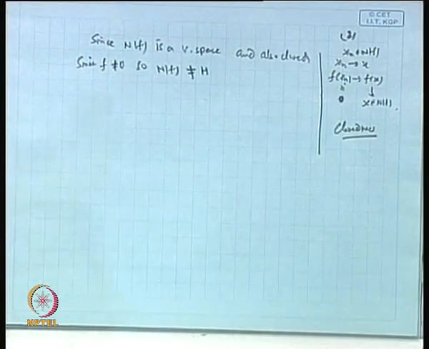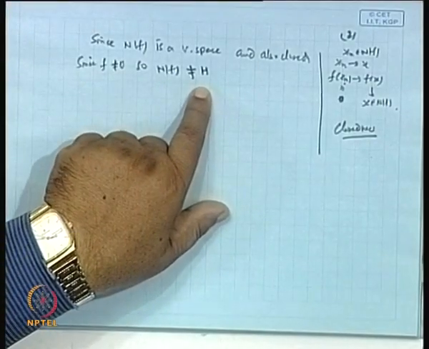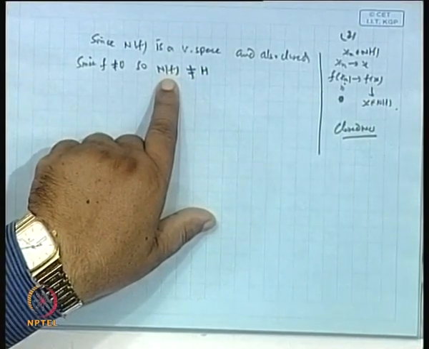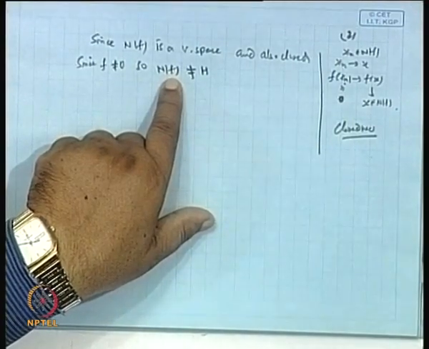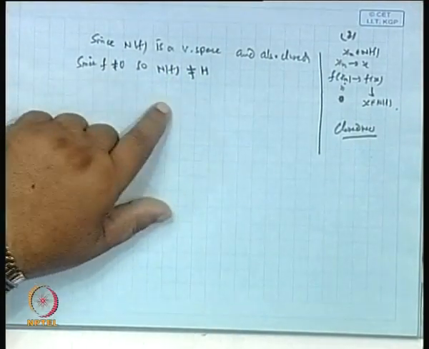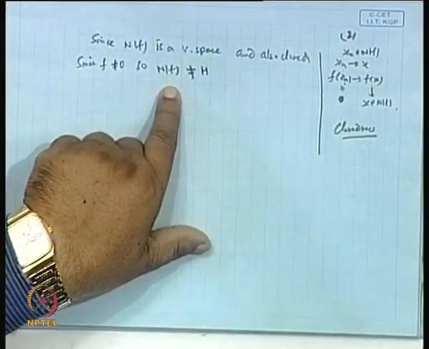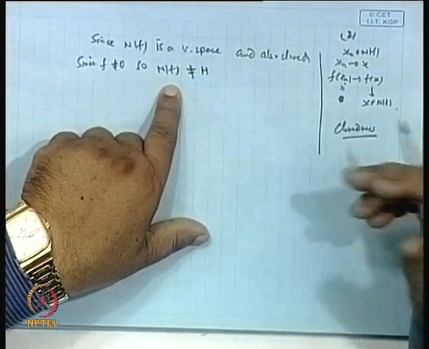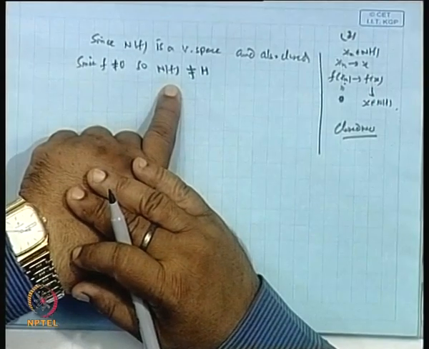Because if N_f is the entire Hilbert space, it means the set of those points where f(x) is 0, so f(x) is 0 for all x. So, f must be 0, which contradicts. So, if f is non-zero, then the null space will be a proper subset of H. We have already got the possibility of getting the orthogonal complement of N_f, clear.